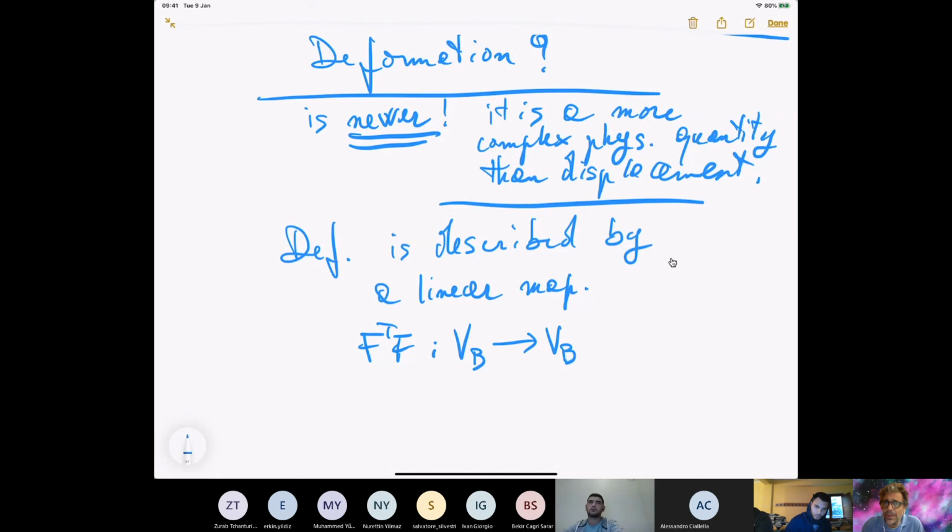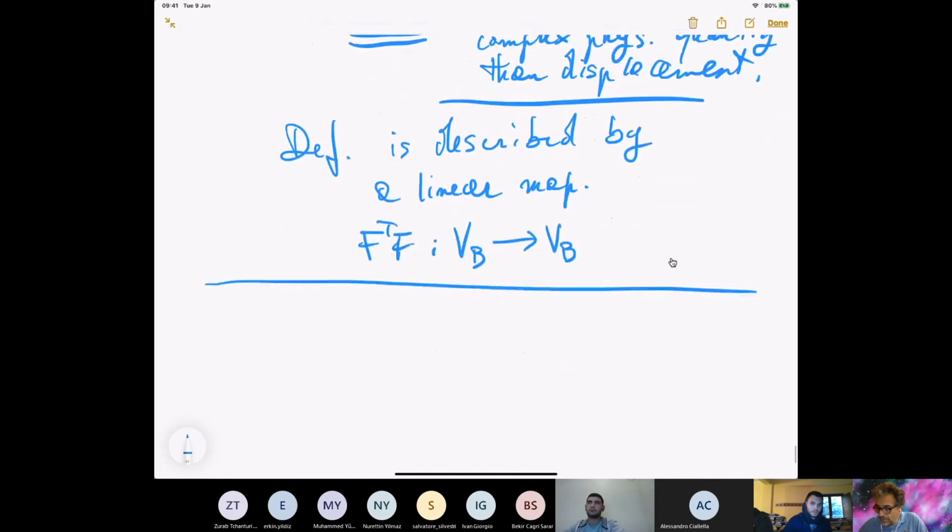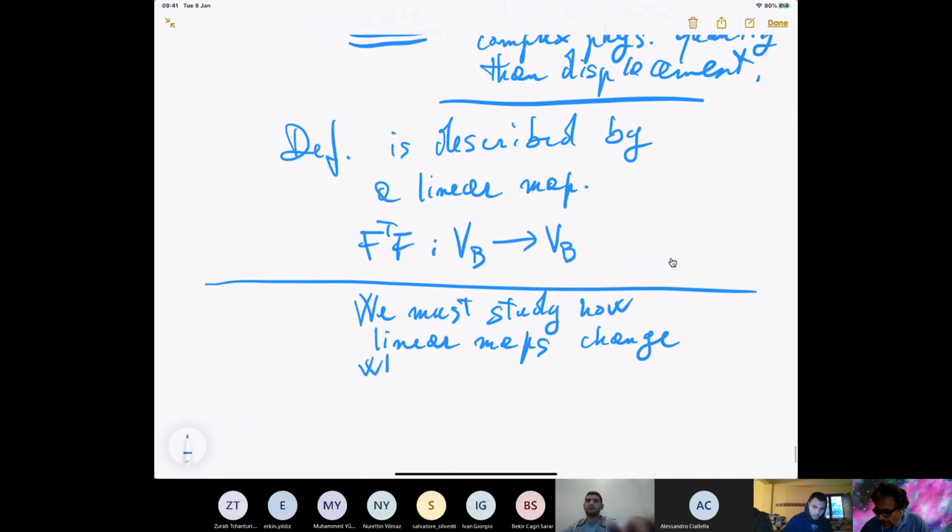In order to describe deformation, you need to introduce a linear map. So now we must study how linear maps change when we change the basis.